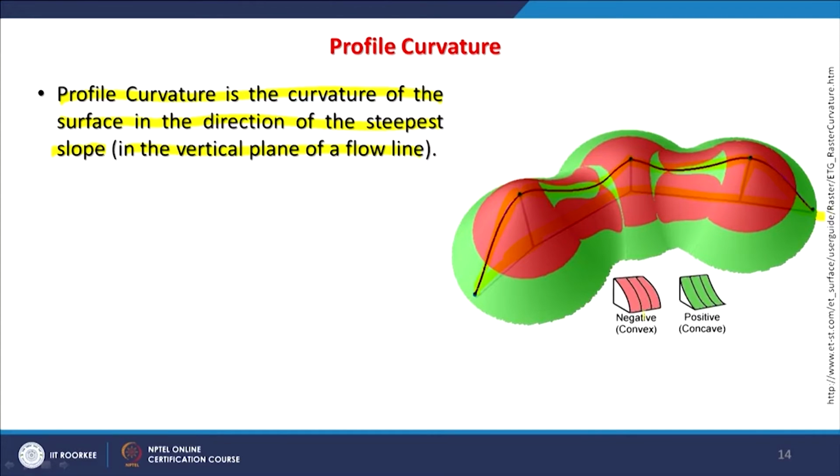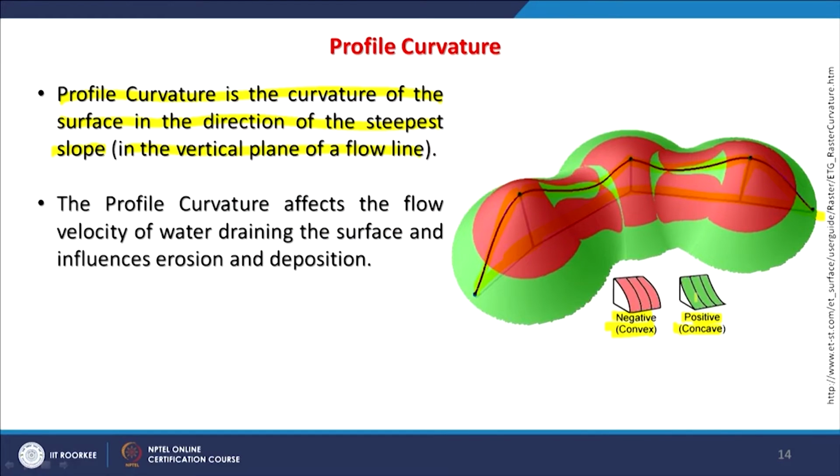When these are convex, we call it negative, because erosion will occur more on convex profile curvature compared to the concave, shown here in green, where deposition might take place or less erosion will take place.